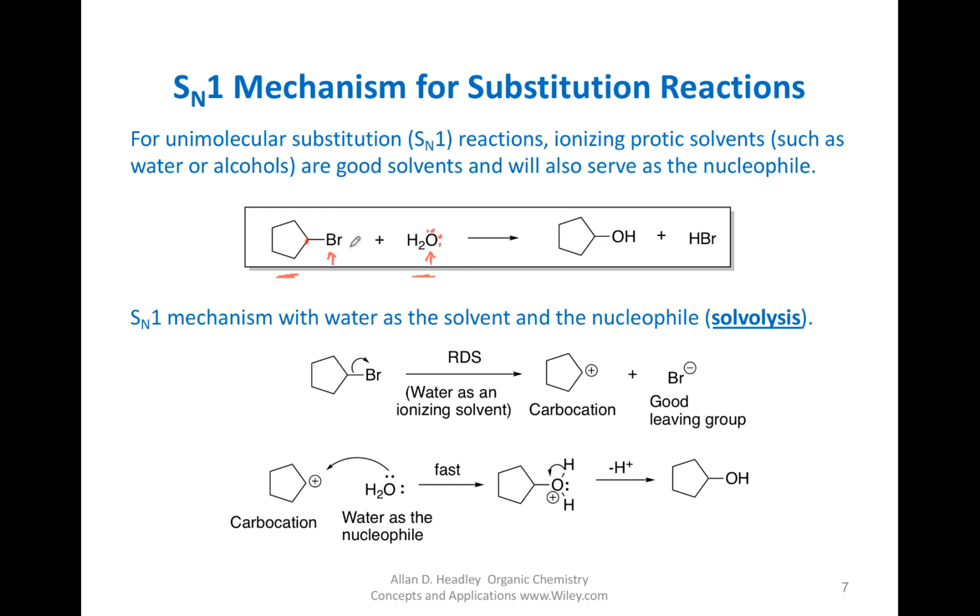And it's a good leaving group because, of course, as you know, the bromide anion is a very weak conjugate base. So in a substitution reaction, the bromine takes the electrons to form the bromide.